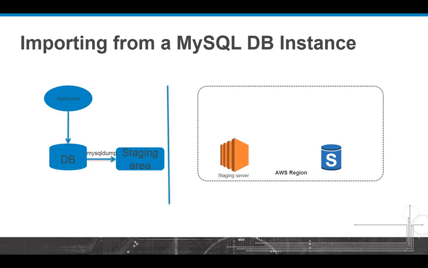With RDS, you cannot copy files directly as you don't have host access, from a manageability perspective. You can run the MySQL dump utility and import data remotely, but sometimes you can run into network timeouts and issues like that, which means you might have to restart the whole process.